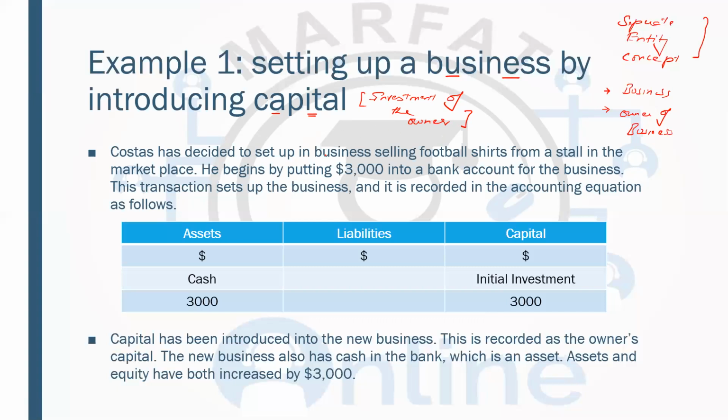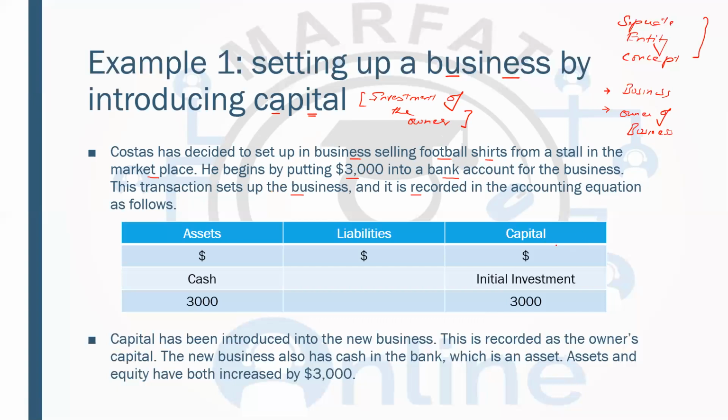So Costas has decided to set up a small business selling football shirts from a stall in the marketplace. A very good business nowadays. He begins by putting $3,000 into the bank account for the business. And this transaction sets up the business and it is recorded in the accounting equation as follows. Now he invested $3,000.